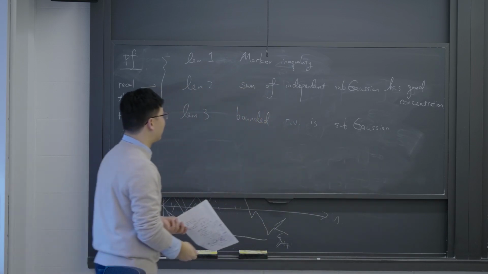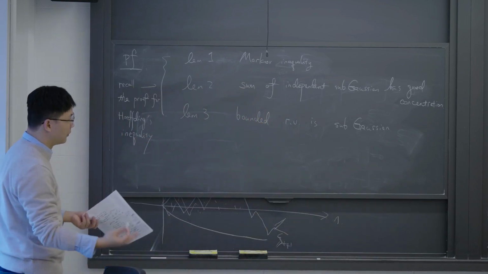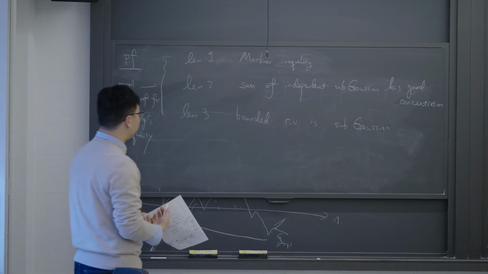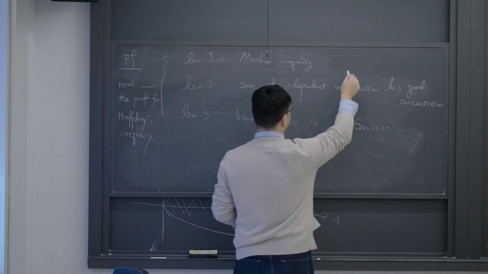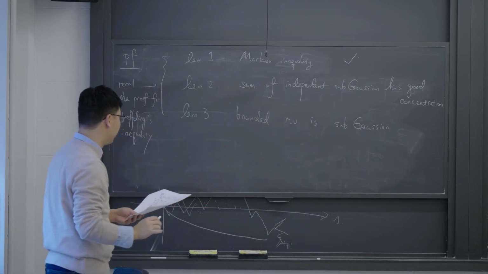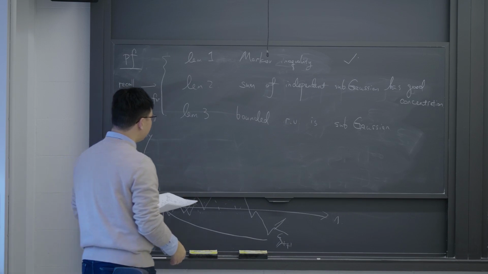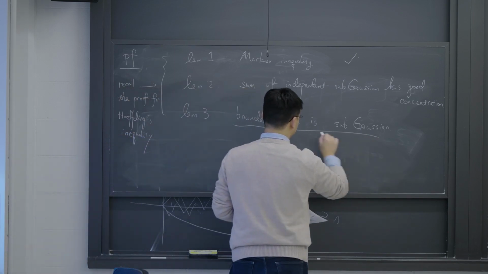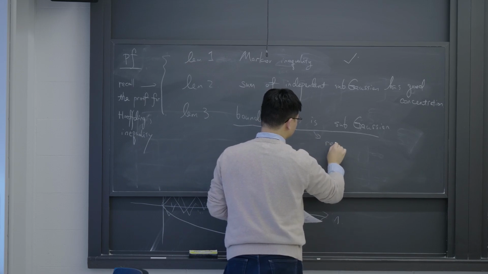Those are the 3 lemmas we use to prove the original Hoeffding's inequality. For Markov's inequality, we don't need to change anything, so this is done. Then, bounded random variables being sub-Gaussian is regarding a single random variable.